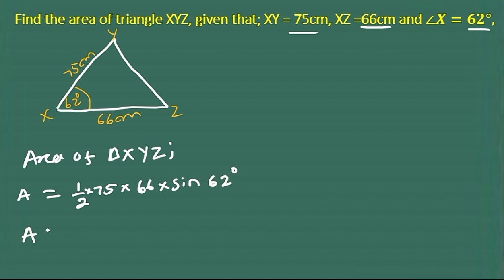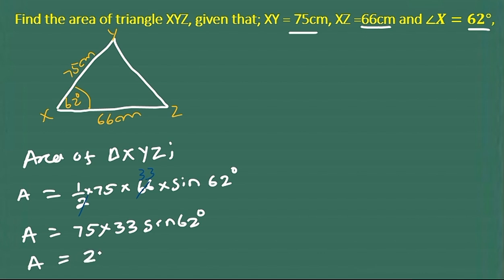So here will be A equals, I like to do this, 2 is gone, and here is 33. So we are going to have 75 times 33 times sine 62 degrees.